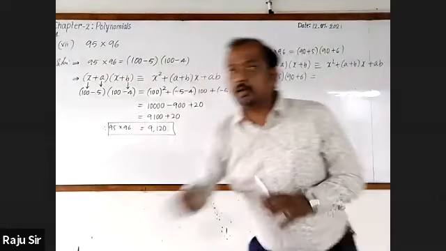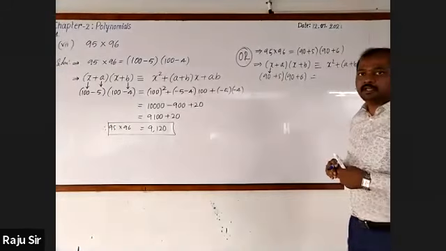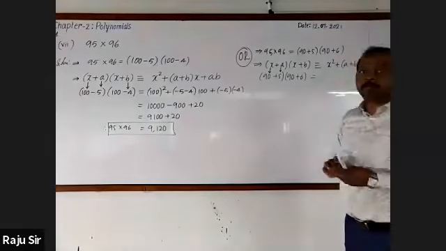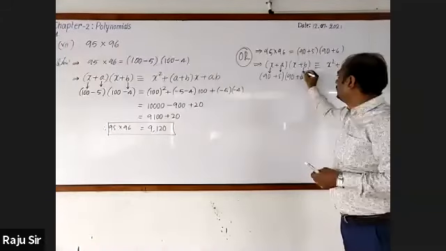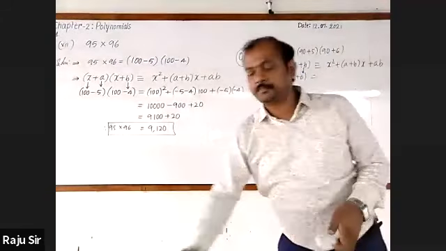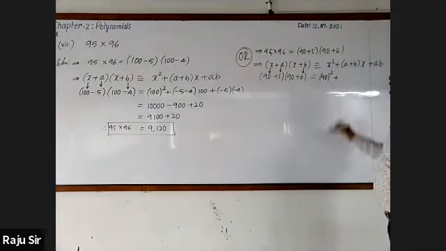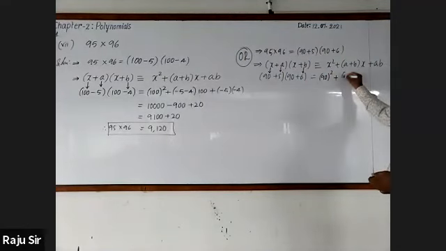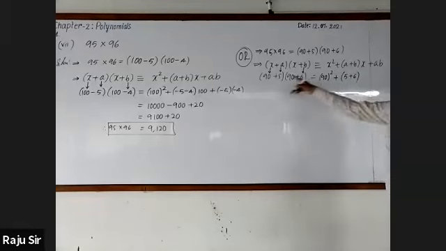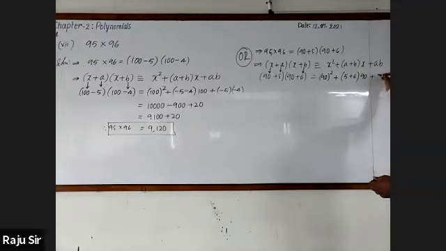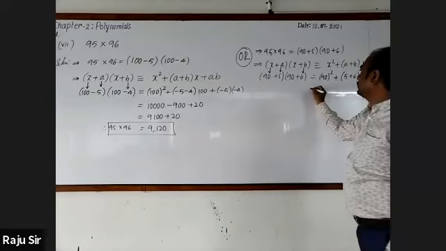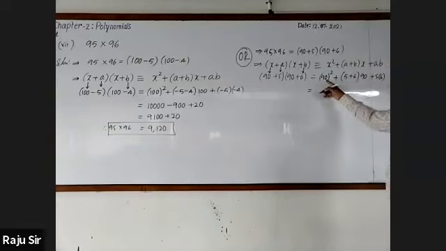Now, substitute 90 in place of x, 5 in place of a, and 6 in place of b. Here I'll write, it is 90 whole square plus a plus b, a is 5, b is 6, it is 5 plus 6, and x is again 90, plus a into b, this is 5 and 6, which is equal to 8,100.